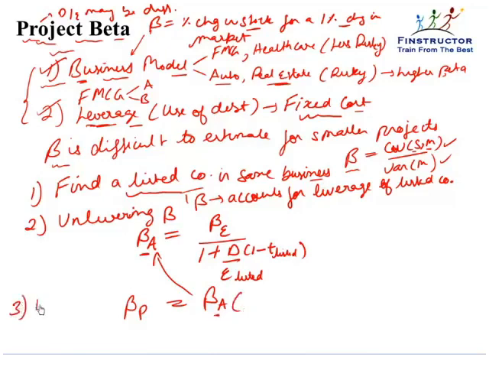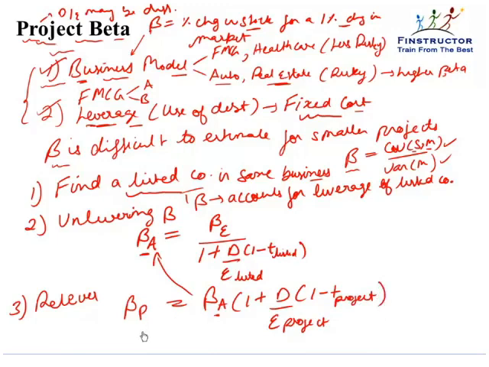The third step, we'll call it relever, is to start with beta of the business into 1 plus D by E. Now this D by E is of your project, into 1 minus the tax rate of your project, to compute the beta of the project. This beta can then be used in the CAPM as you did earlier to compute the cost of capital for the project. That was RF plus beta times RM minus RF.